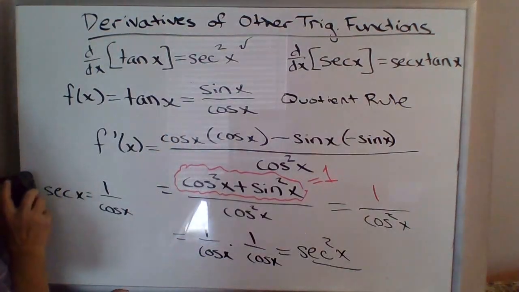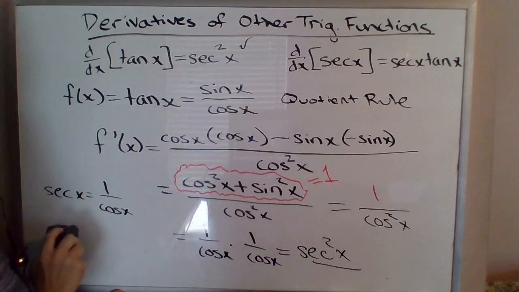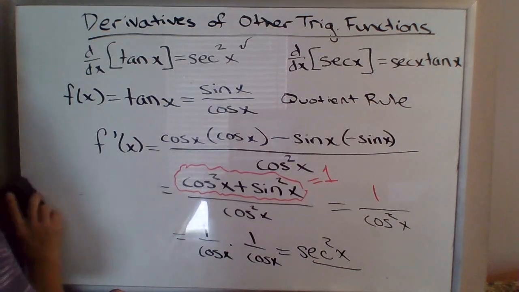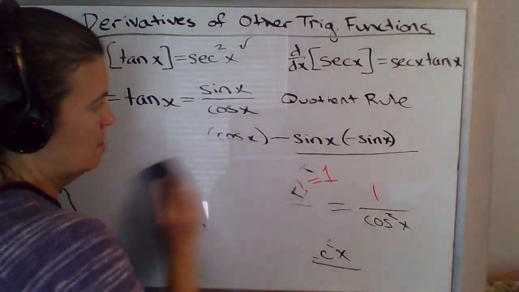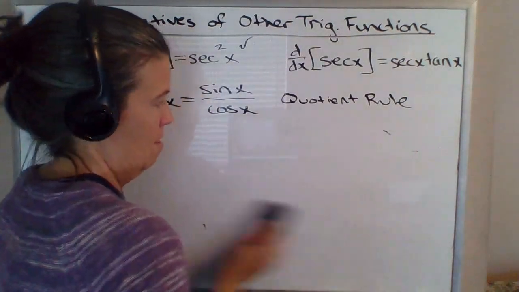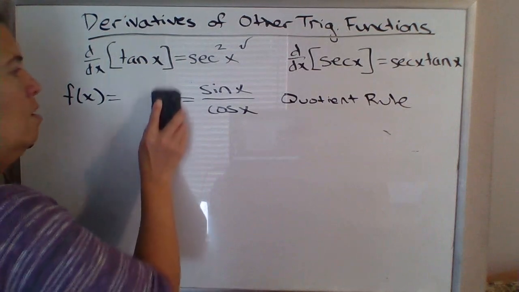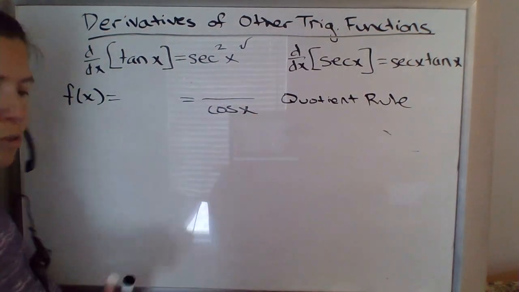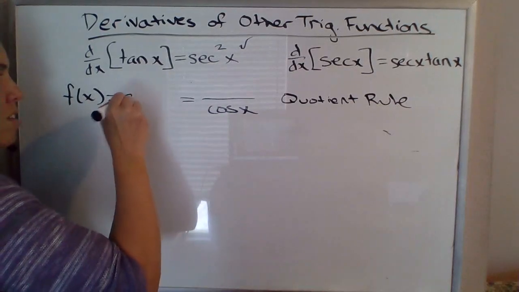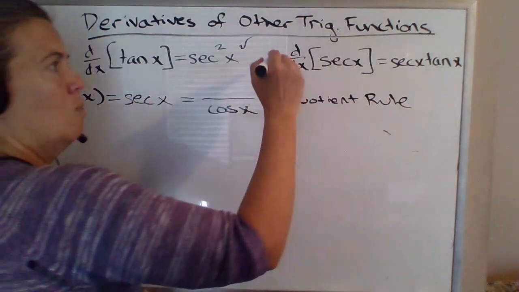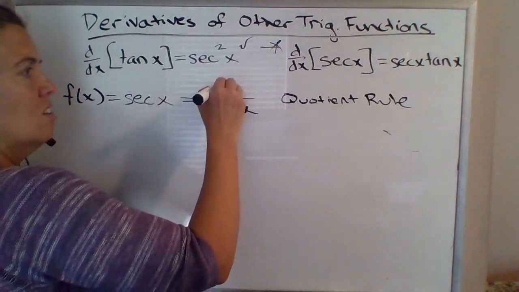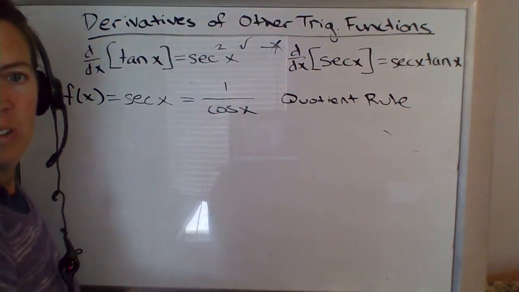So it's using quotient rule and a couple of trig identities. Now I want to do the same thing for secant x. And I'm going to use this identity. I guess I'll get rid of all this. Okay, so now let's say f of x is equal to secant x. If I'm now wanting to prove this rule here, secant x is equal to 1 over cosine x.